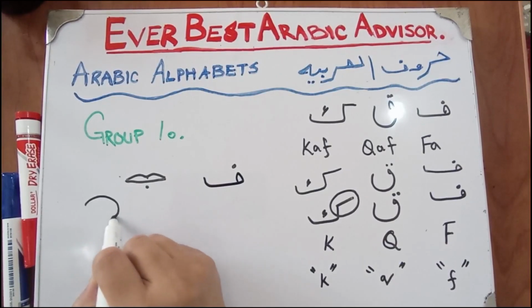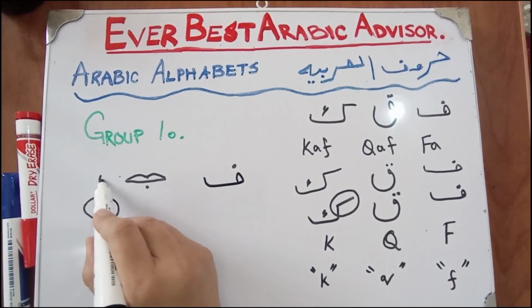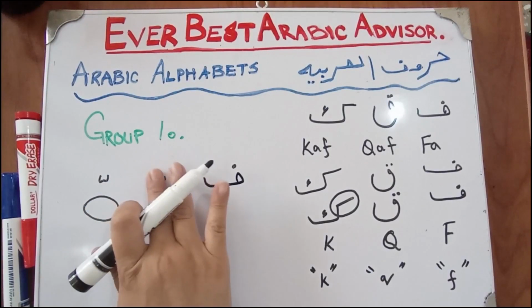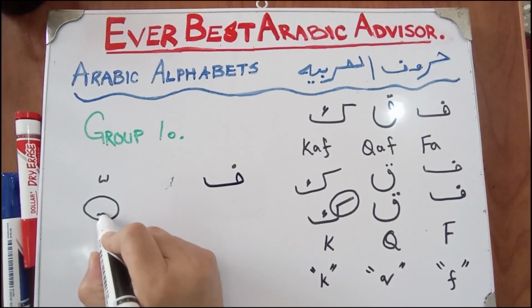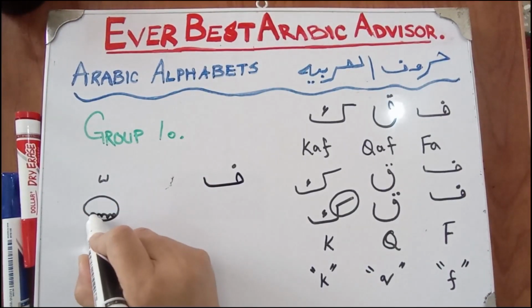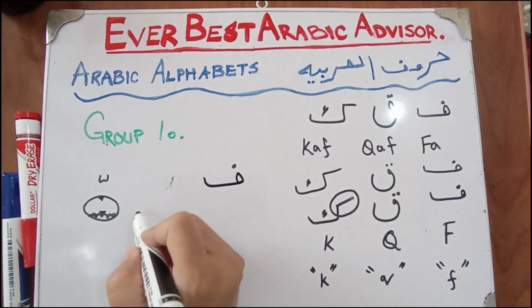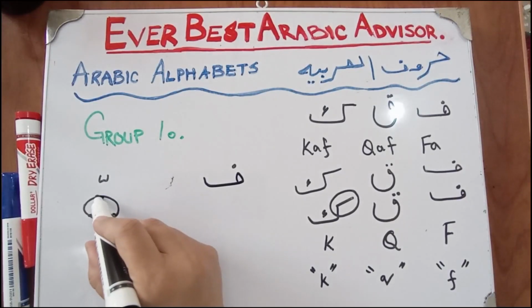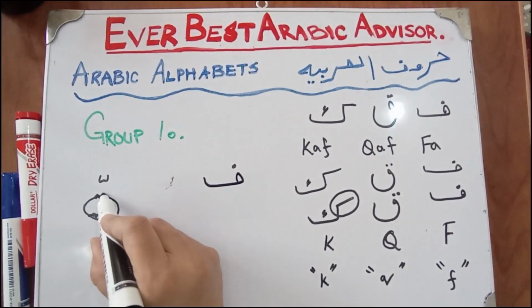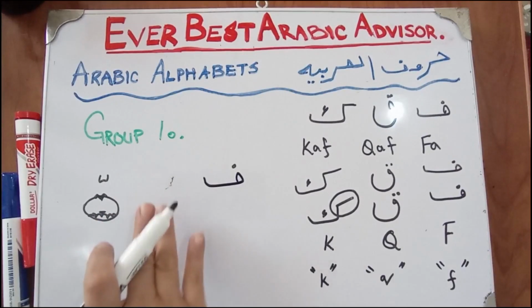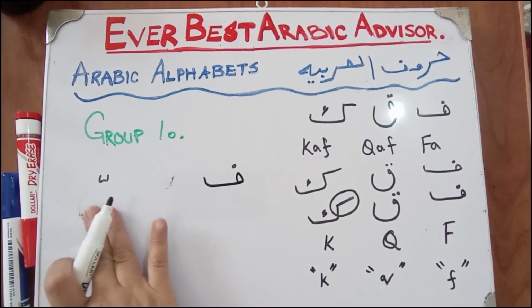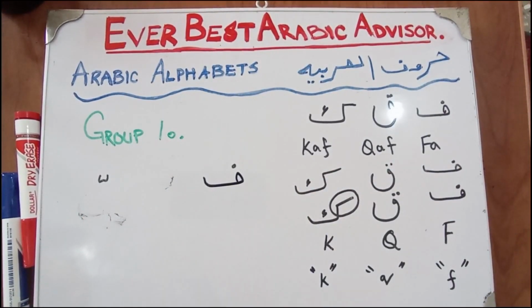If your mouth is open, these are your lower teeth, and the upper lip touches the lower two incisors. Then fa is pronounced.